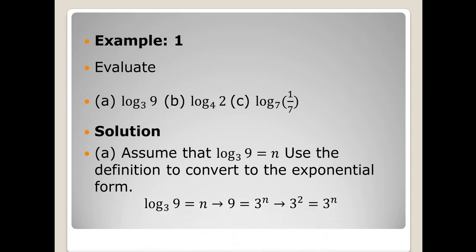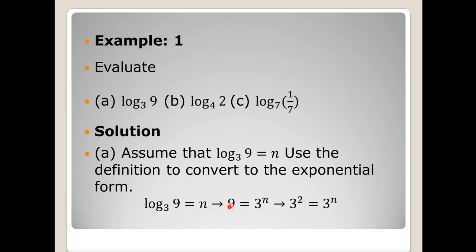So log 9 to base 3 equals n. If we use the definition to convert this to the exponential form, this is the way we convert it: 9 equals 3 index n. This is the way we convert from the logarithmic form to the exponential form.